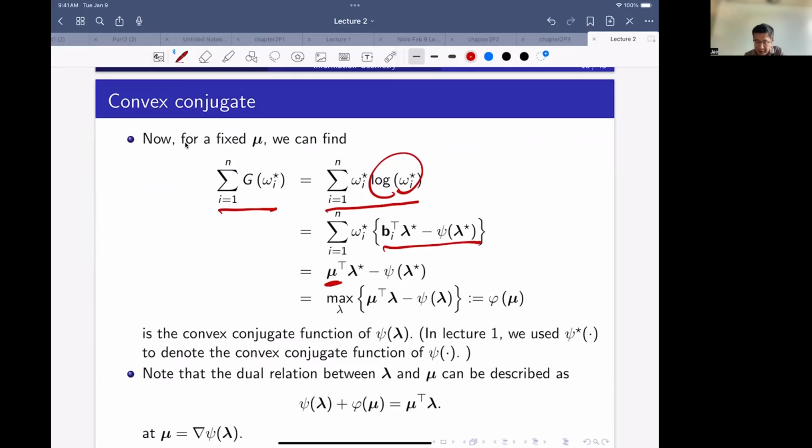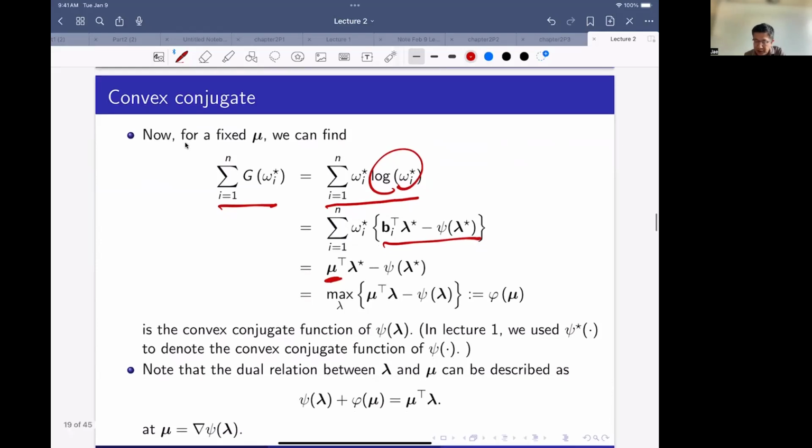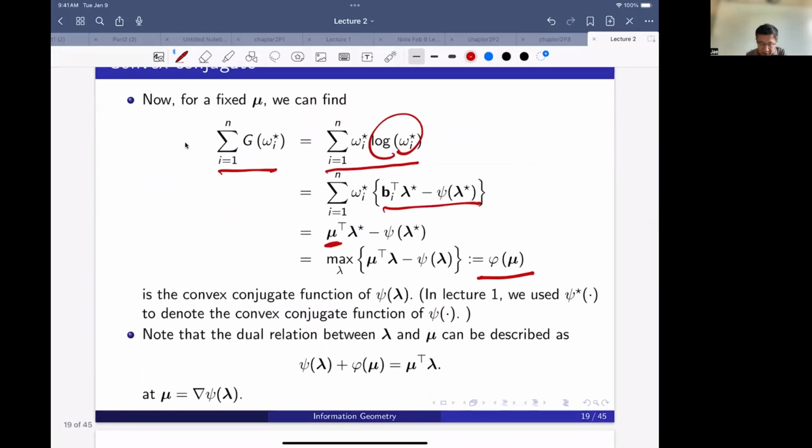And so we can now view it as a function of mu. And then this is essentially, recall the definition of a convex conjugate function. Basically, this is a convex conjugate function, right?